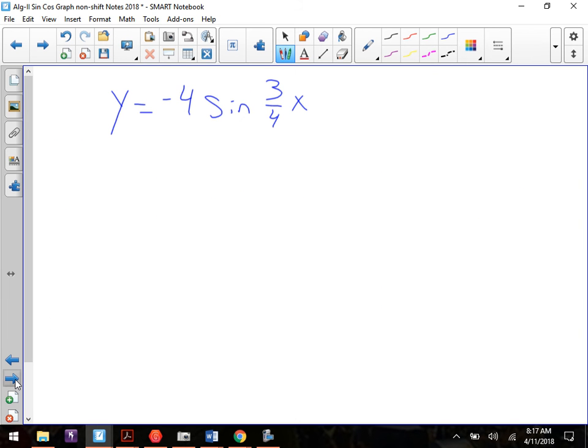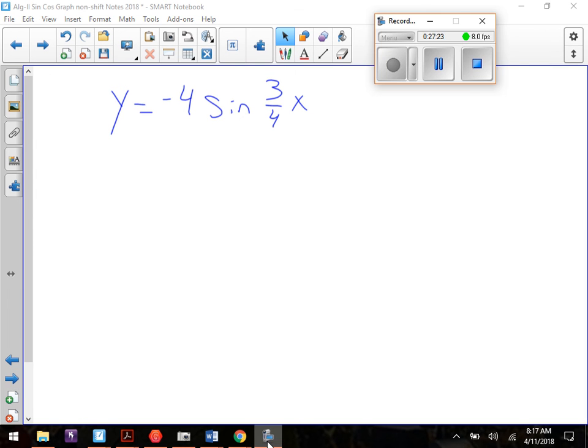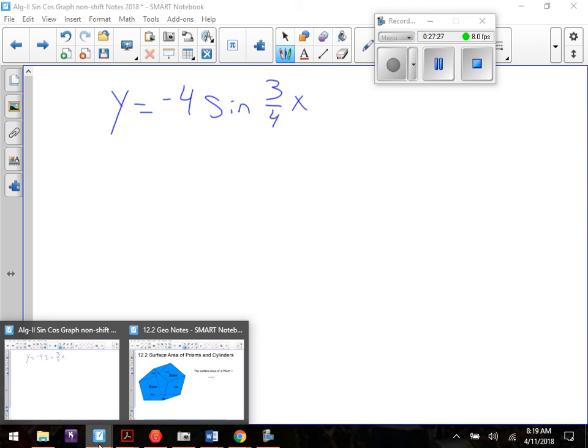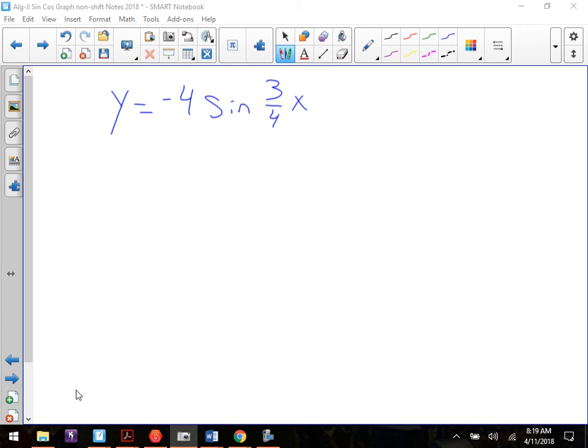Okay, let's try this one. Take a second. Do this one. That's generally as goofy as most of these things get. So let's see, we get an A value of negative 4, B value of 3/4.